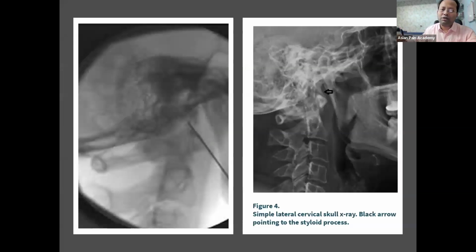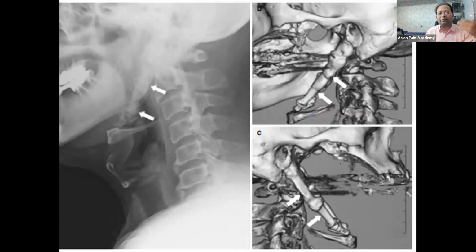So here you can see now. So in X-ray also, this is the mandible, this part is mastoid, and this part is styloid. So under X-ray, it is the styloid which is very important. Under ultrasound also, styloid is important, but then internal carotid artery gives us another important clue that where we should search.